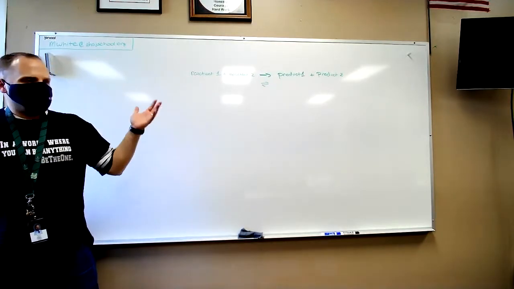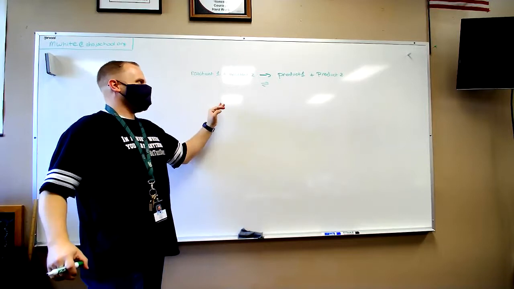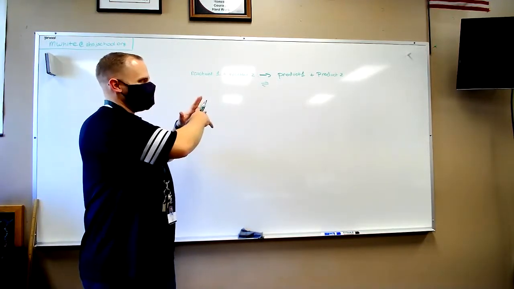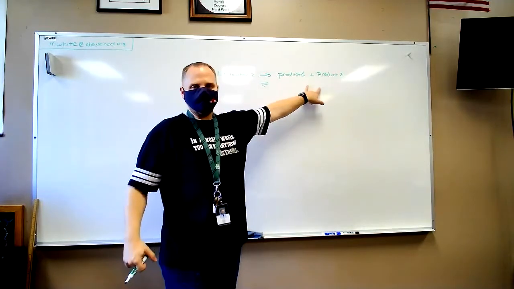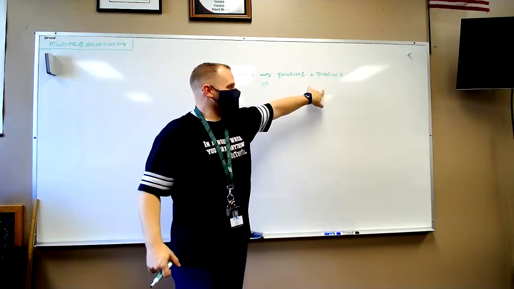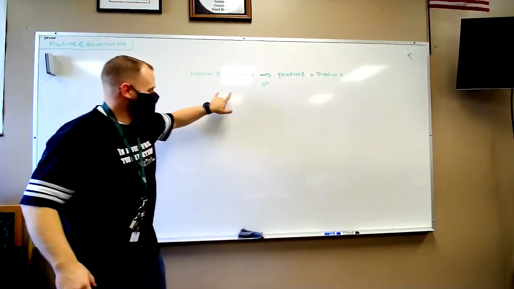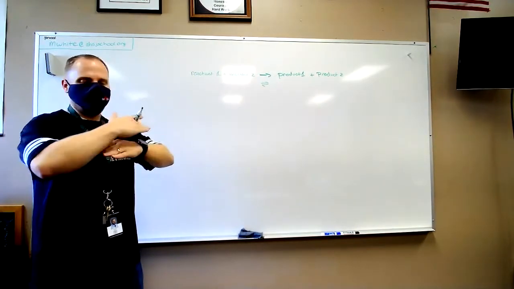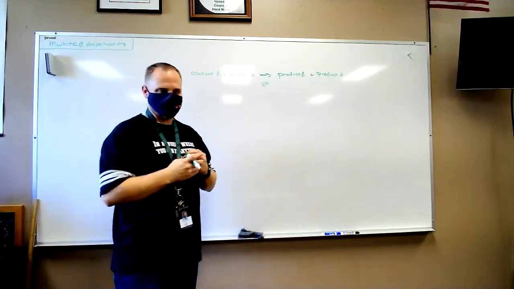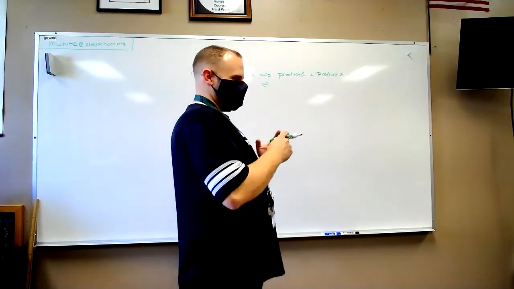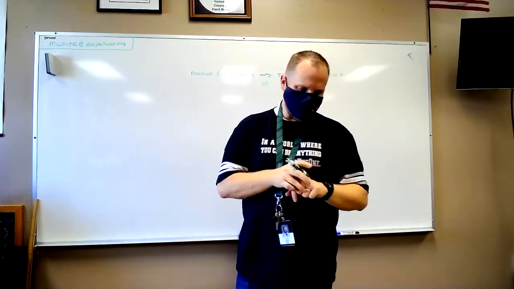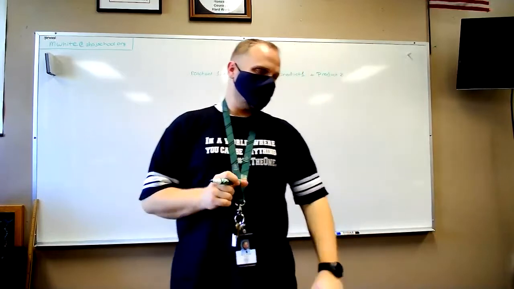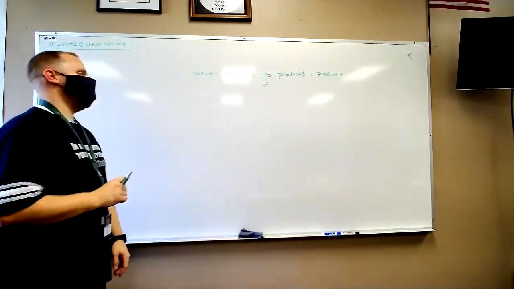But really what it's saying is you can take these reactants, react them together, and make these products, but these products can also react together to make the initial reactants. So the reaction can go both directions. That's what we mean by reversible. Like I said, we'll talk more about that, not today. But just in case you ever see that double arrow, that's what it means.